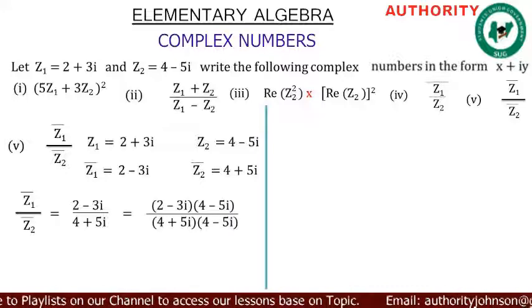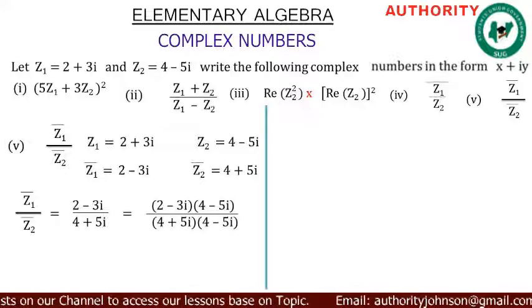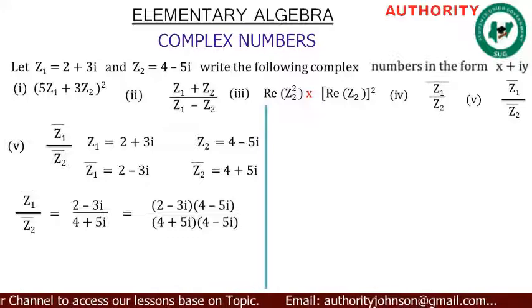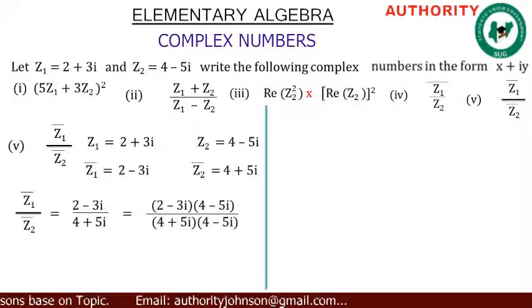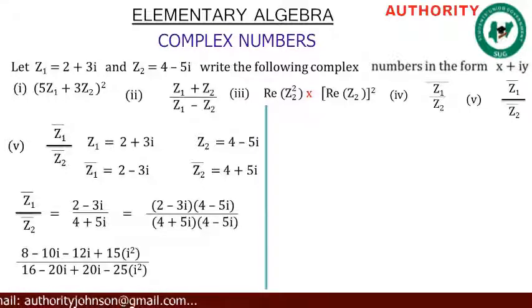Now we're going to have in our numerator 2 minus 3i times the conjugate 4 minus 5i, all over 4 plus 5i times 4 minus 5i. When you perform the operation in the numerator, we are going to have 8 minus 10i minus 12i plus 15i squared.